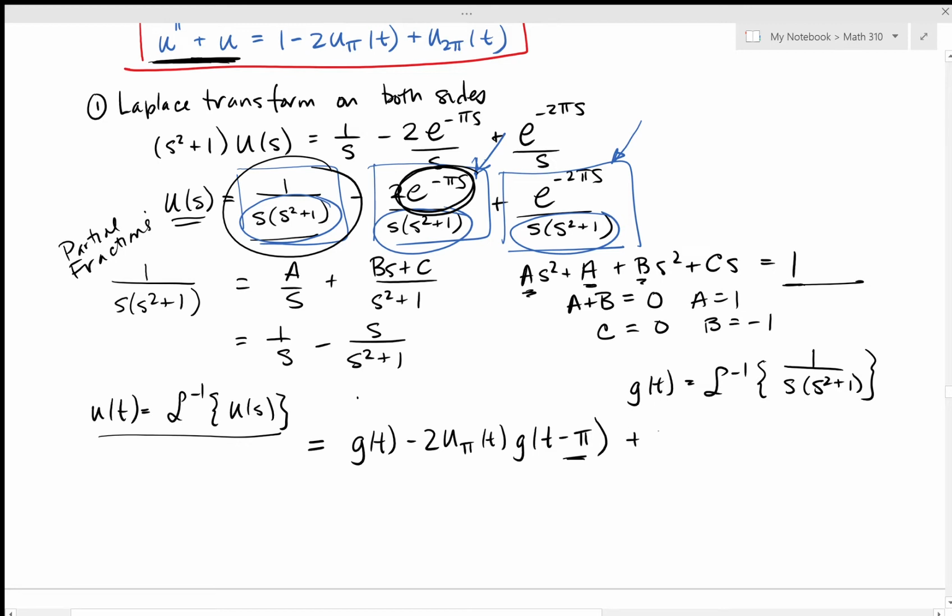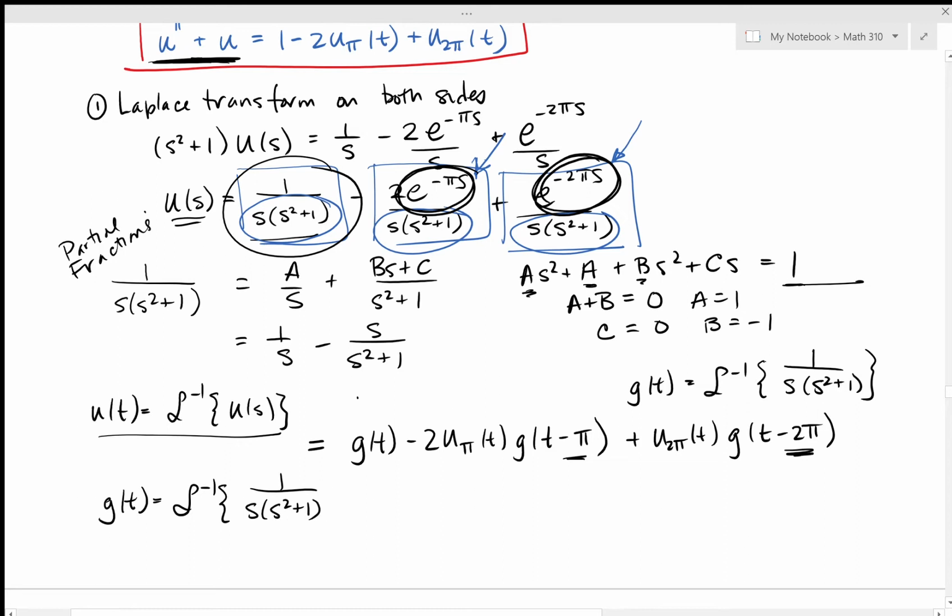And then I have the other one, same thing. The table can, of course, help you with this, but you have to make sure that you can interpret it properly. Same thing. This exponential here is resulting in this shift right here. So now I just need to figure out what g of t is. We have an expression for it there. It's the inverse Laplace transform of 1 over s times s squared plus 1.